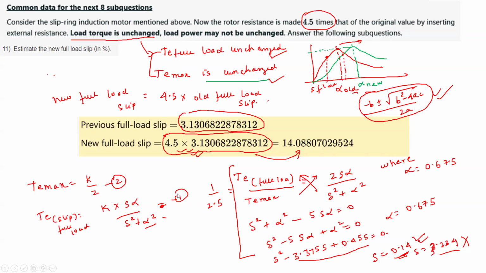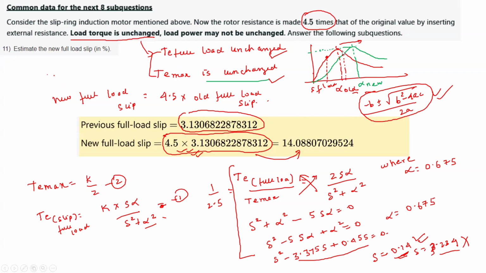If you know the factor by which it is getting shifted on the x-axis, you can just take that into consideration and directly find the full load slip by multiplying the factor into the old slip value. You can do this for any slip. It can be full load slip, half the full load slip, whatever the value is. Two times the full load will not happen, because that would exceed the maximum torque.